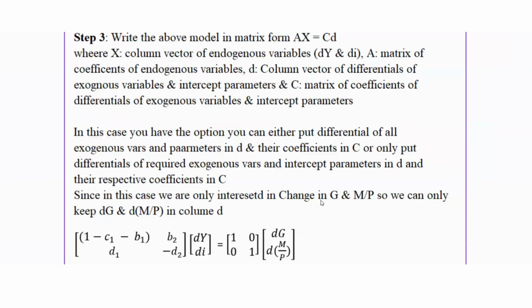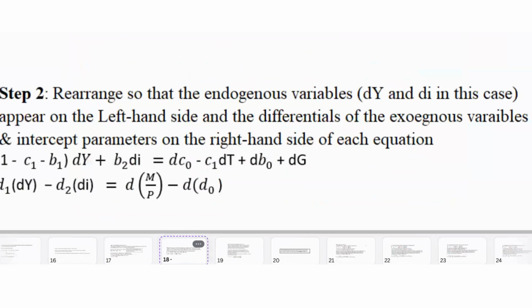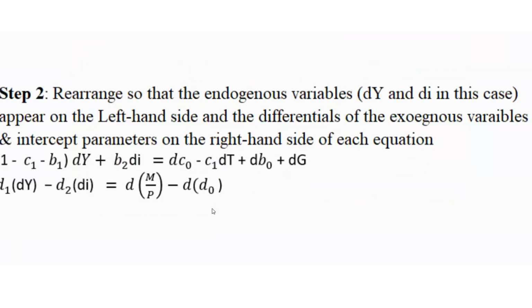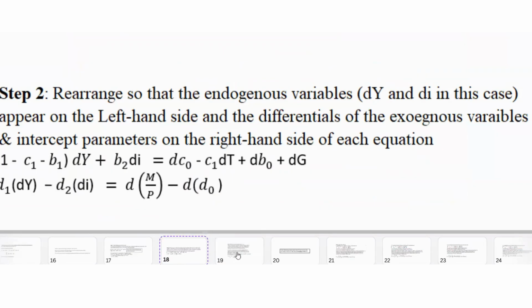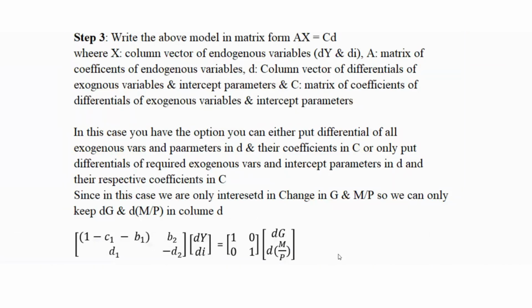So in column D, we only included the differentials of G and of real money supply, and then C included the coefficients. We don't have to add dC naught, dT, dB naught, dD naught if we're not interested in them. We were only interested in dG and d(M/P), so that's what we put in D.